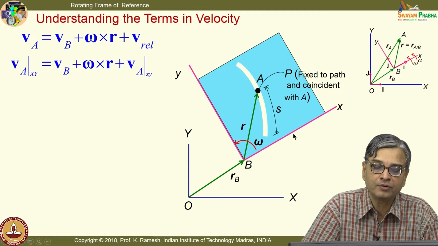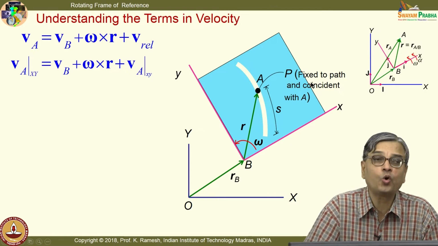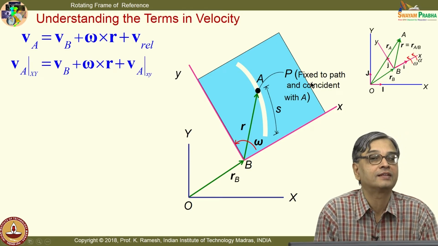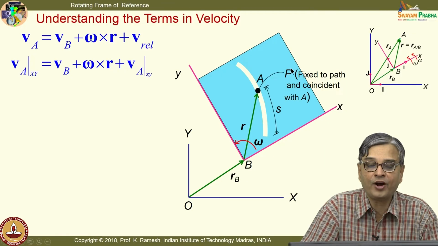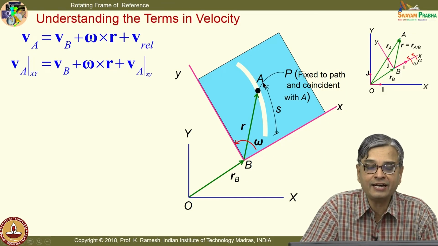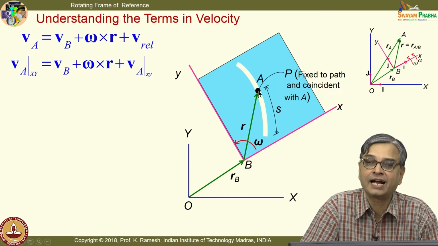And mind you, we have also learnt the concept of coincident points. It is a fictitious point, the point is not existent, okay. But we imagine on this slot a point P which is identical to point A at this point in time.